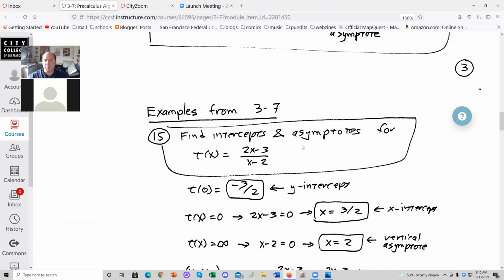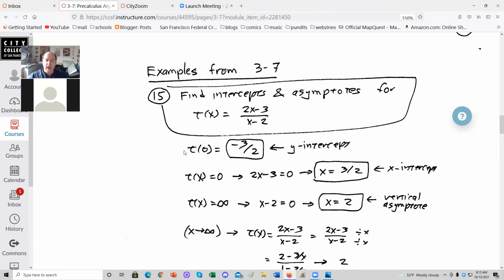2x minus 3 over x minus 2. Well, okay, at 0, these terms cancel, and we're left with, oh, it's 3 halves, not minus 3 halves. I have to change that. So y-intercept equals positive 3 halves, my error.